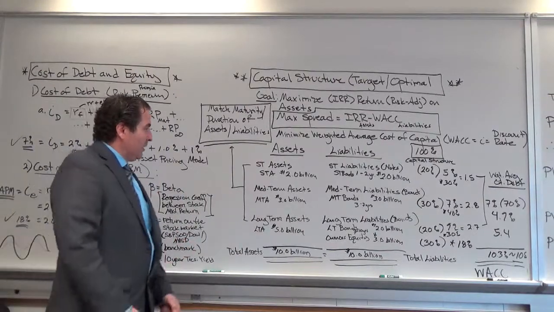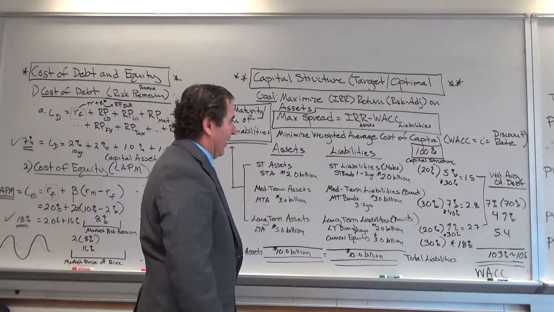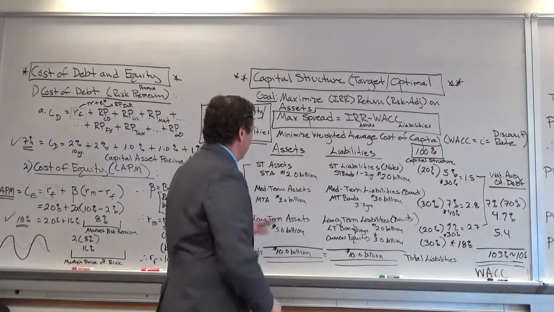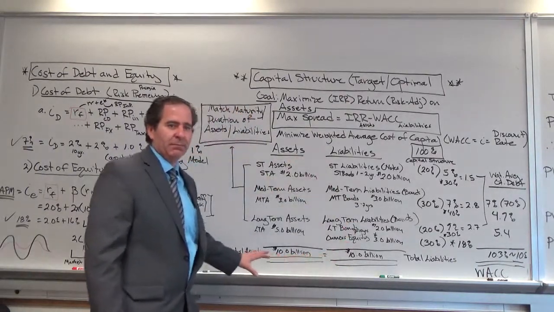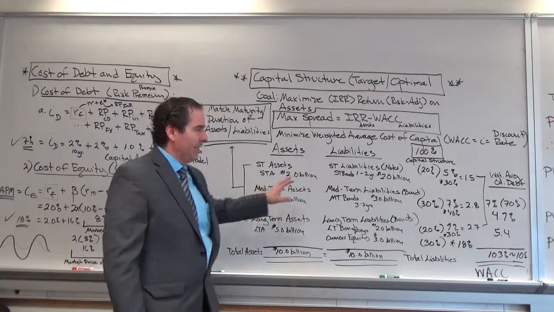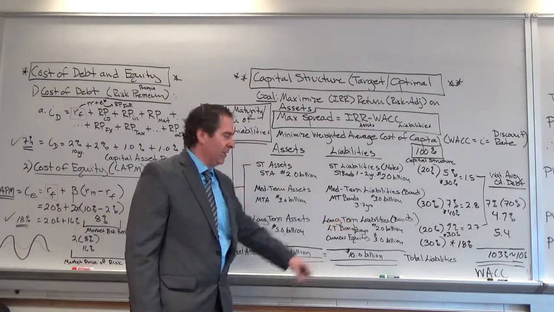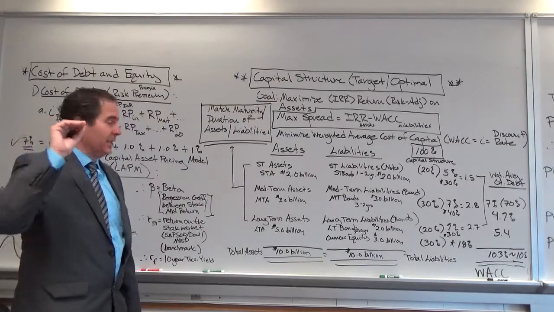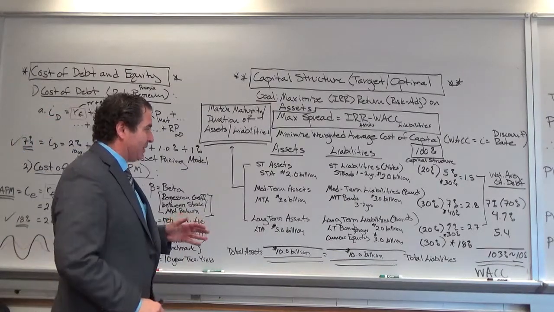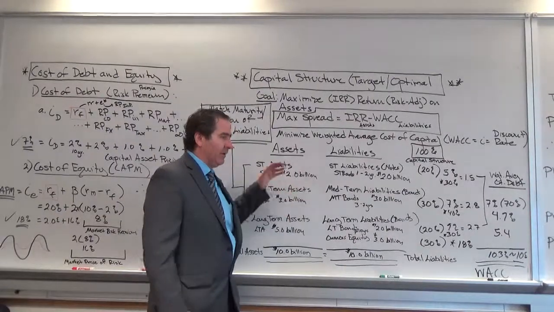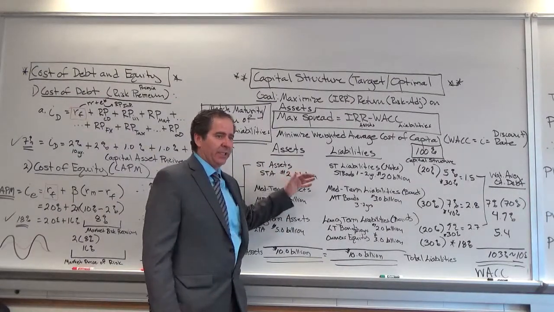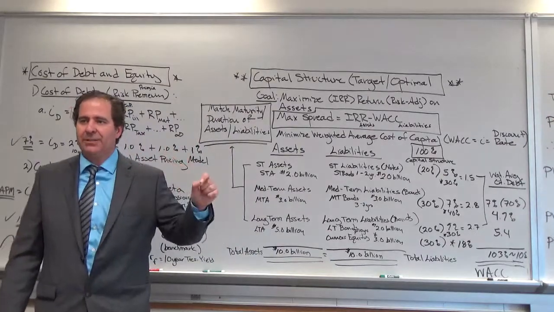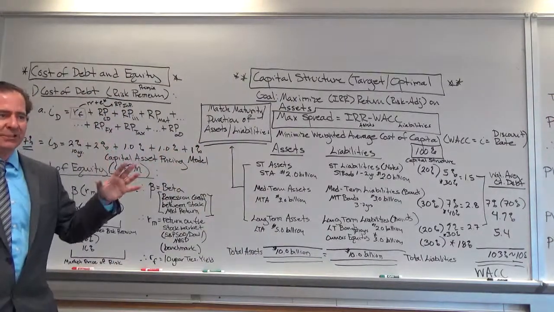Okay? So to calculate the weighted average cost of capital, you need to look at the balance sheet of the firm, the assets and the liabilities. And the theory is that you want to match the maturities of your assets with the maturity of your liabilities. So this is called maturity matching or duration matching.